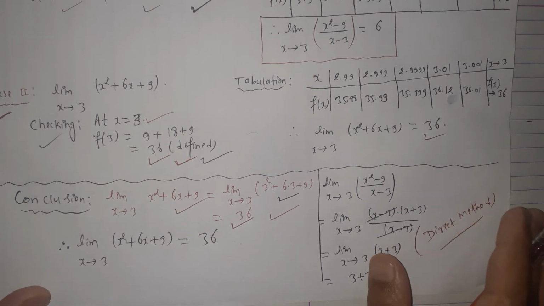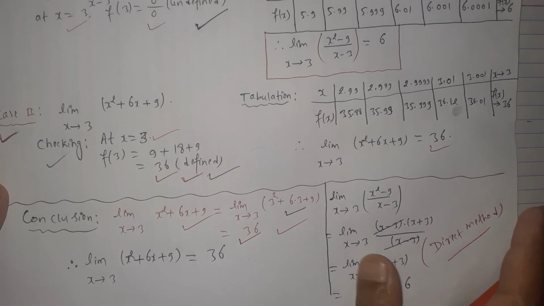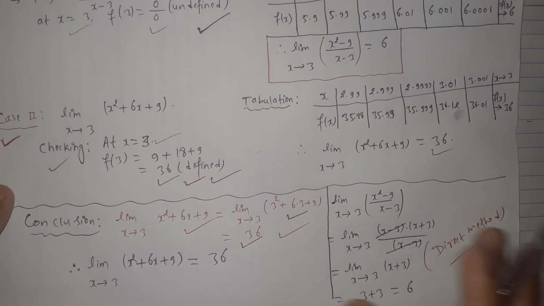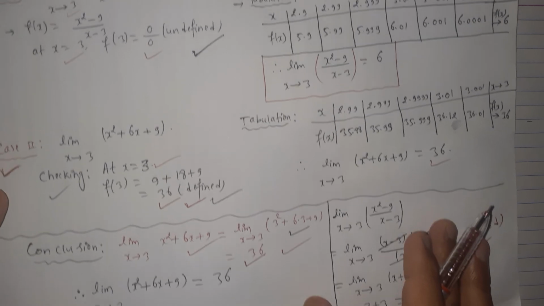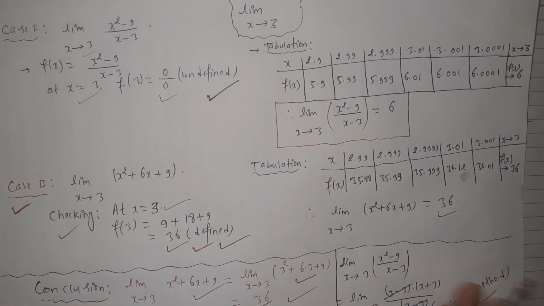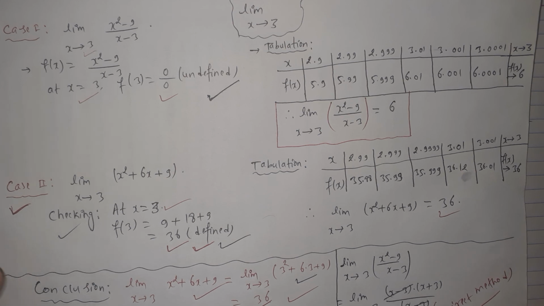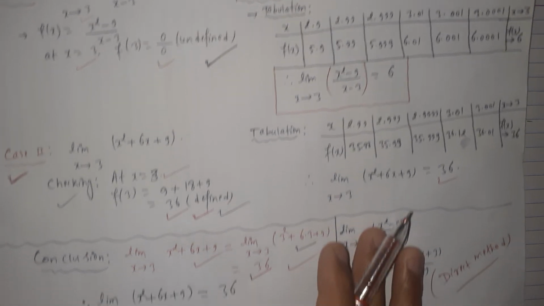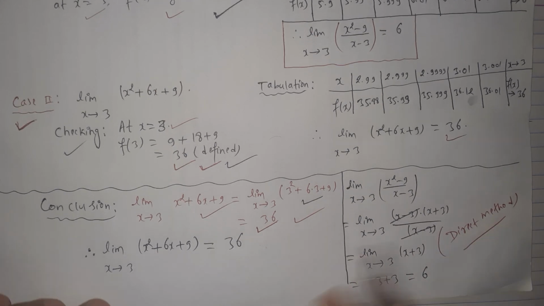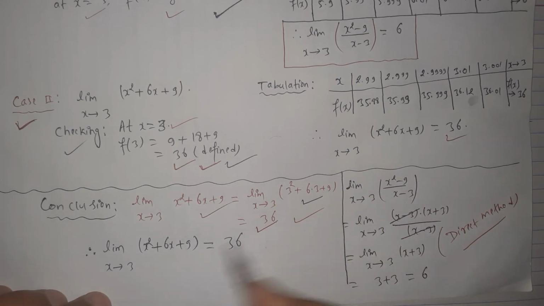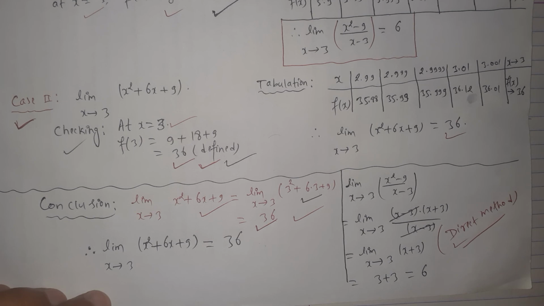These are the basic ideas for limit calculations. Here we discussed the basic method and the direct method for the calculation of the limit at a given point. In our next video, we will discuss more about limit calculations, and we will use these direct methods.